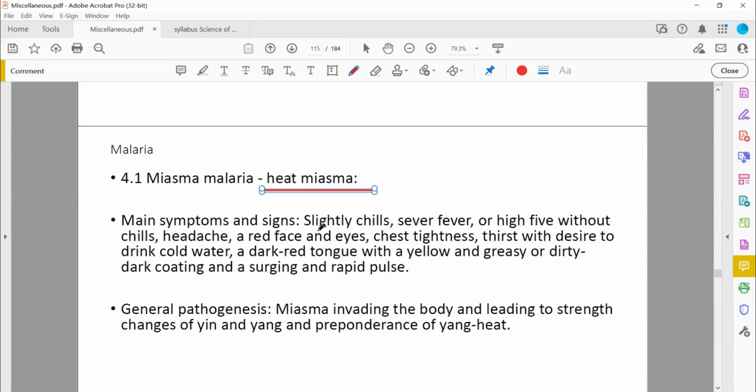Slightly chills, severe fever, right? Because it's heat miasma. So that's severe, or high fever without chills.